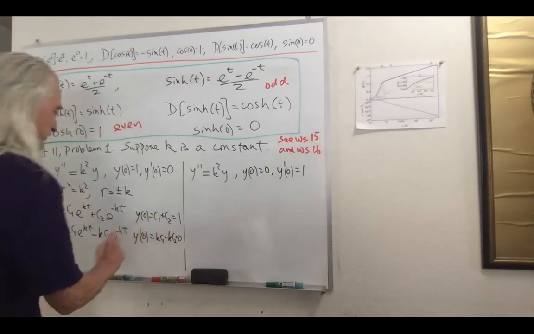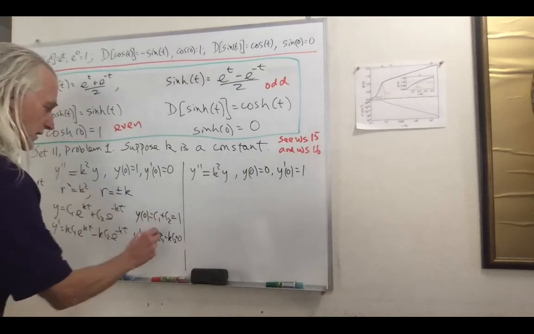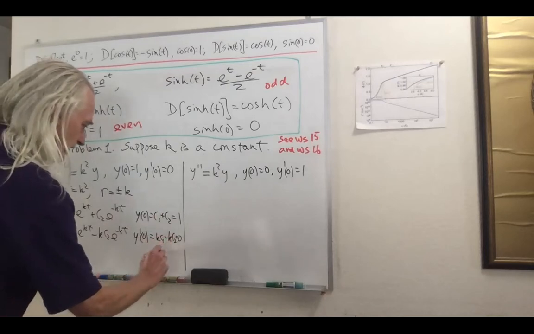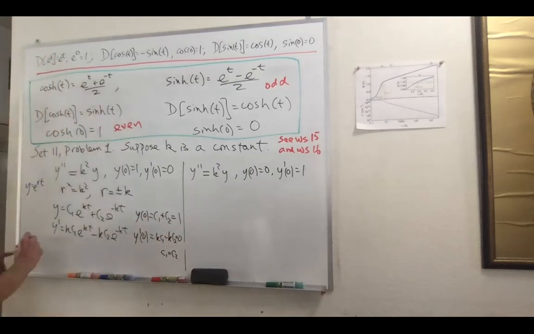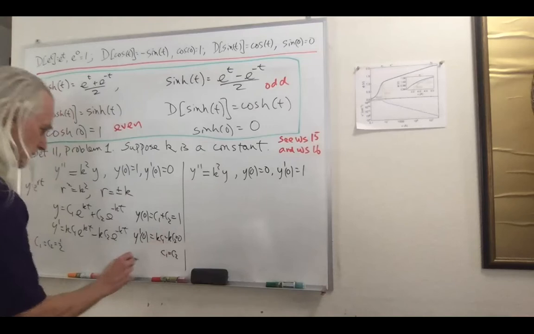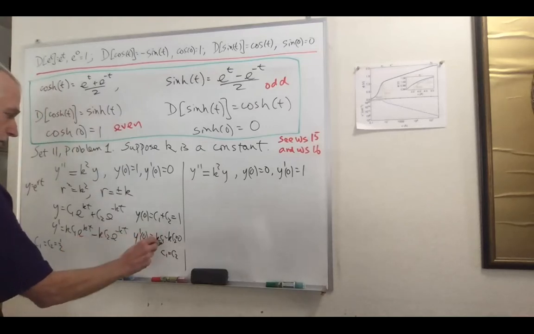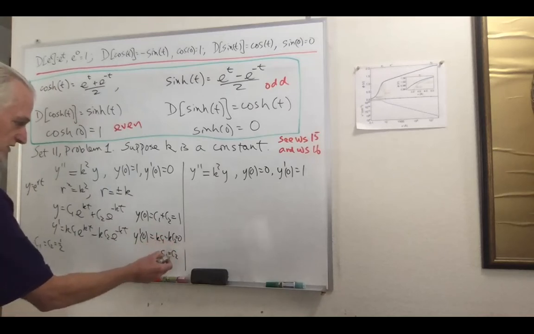I can solve these. I get c1 plus c2 is 1. The second one tells me that c1 equals c2. So that means c1 equals c2 is a half, and I automatically satisfy the other equation.